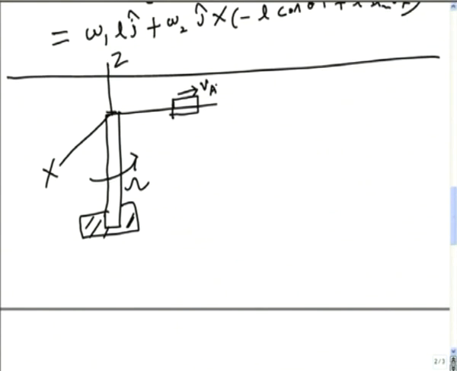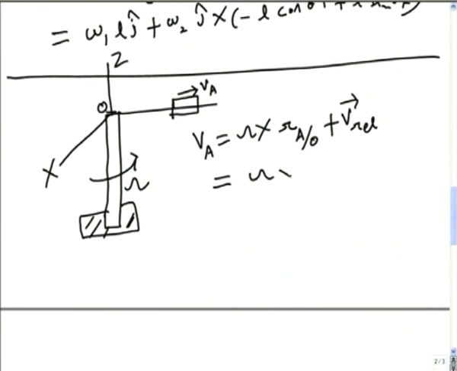Then the relative velocity of this is VA equal to omega cross R AO plus VREL, that is omega cross r times j, this is y direction, j plus v rel.